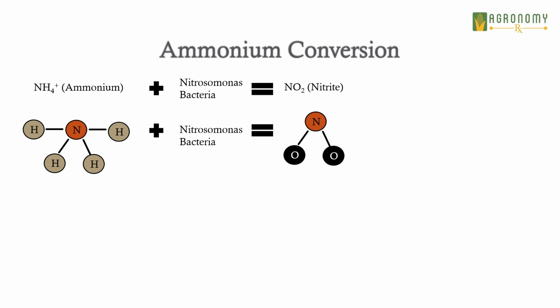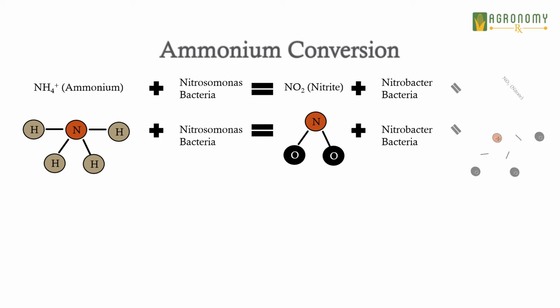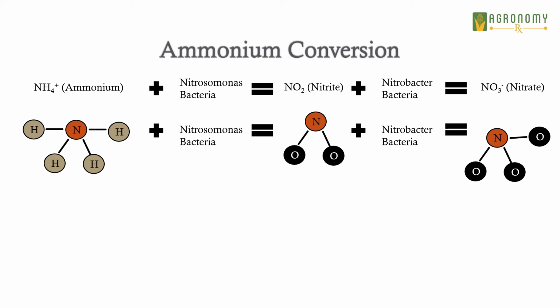A living organism does this, not a chemical process. As we talked about, nitrite is plant available but incredibly unstable, and this whole process happens very quickly. So then there are nitrobacter bacteria in the soil that will feed on the nitrite, and that is where it gets converted into nitrate.